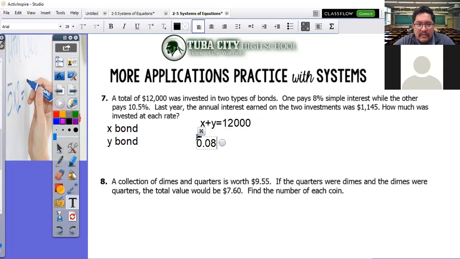And we'll call this one the X bond plus the other one that pays 10.5%. Now this is another tricky one. What does 10.5 look like? If I was going to write 10%, like 10 cents, it would look like this. And you do see this on gas stations where it says 9/10 of a cent afterward.